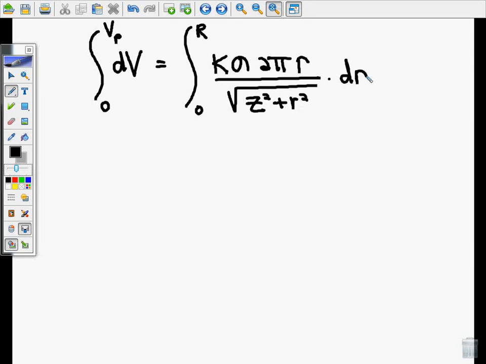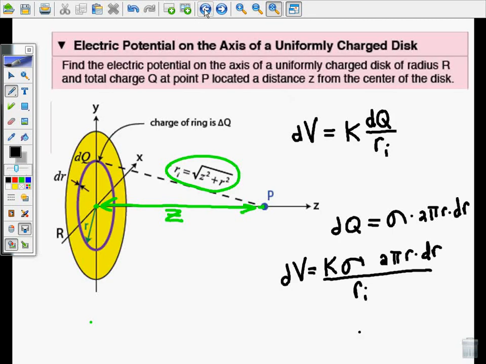And then you have a constant. On the bottom, is it a capital R? No, it's lowercase r because it's a variable. It's going to change. As you go, r sub i changes as you go to different radii.